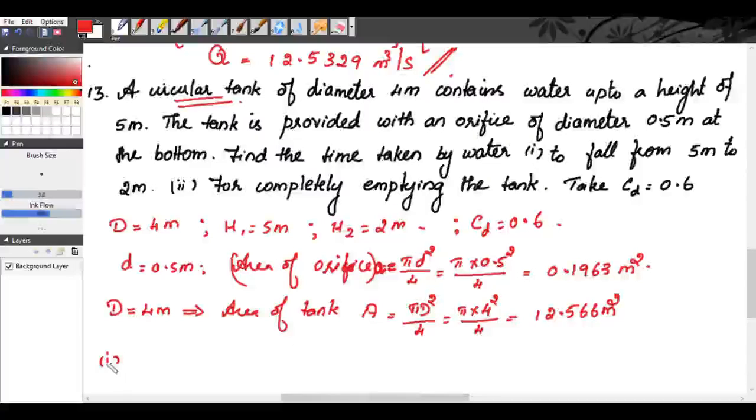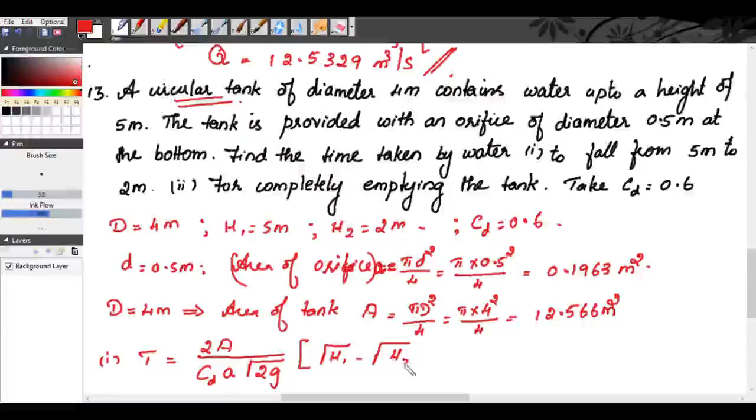So first case, the water is falling from 5 meter to 2 meter. So we know the time required to empty the tank from height H1 to H2 will be equal to 2A divided by CD into small a, that is area of the orifice, into root of 2g into root of H1 minus root of H2.